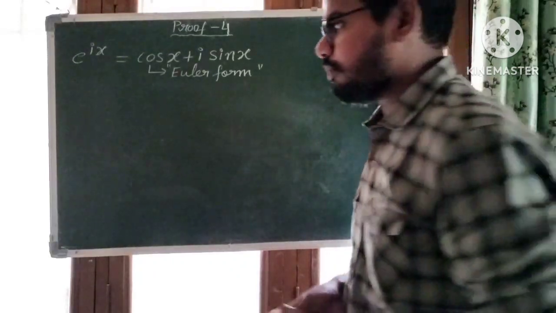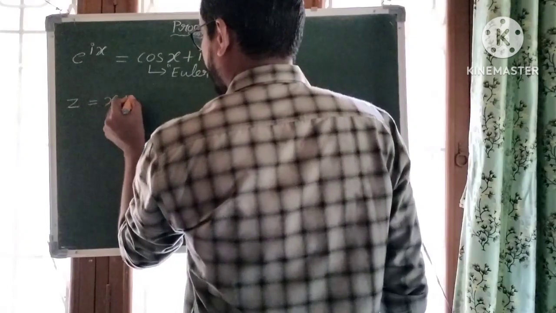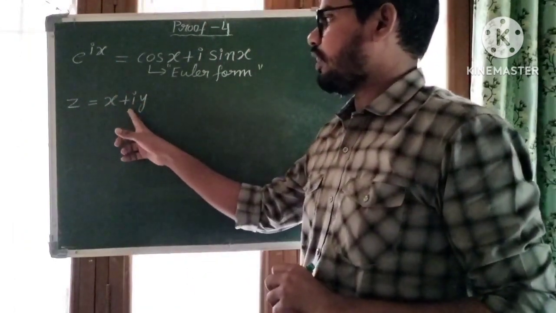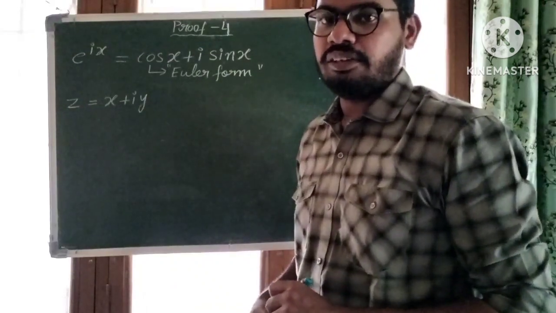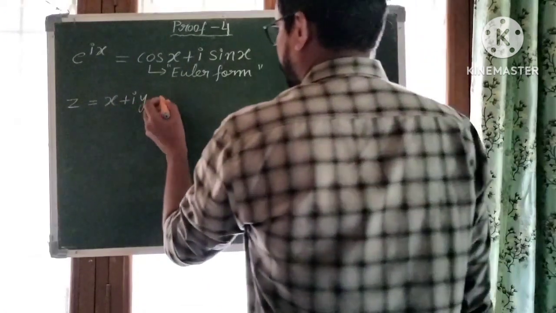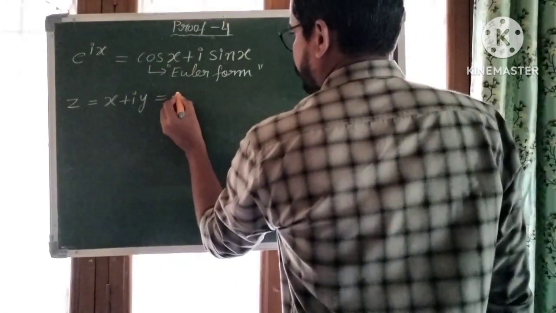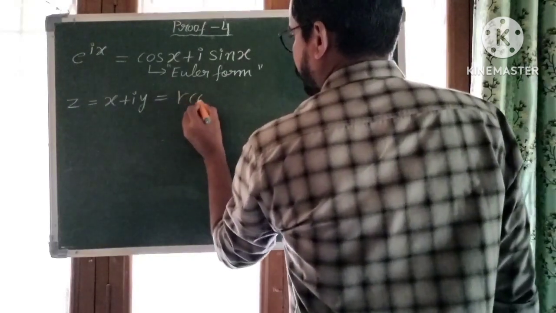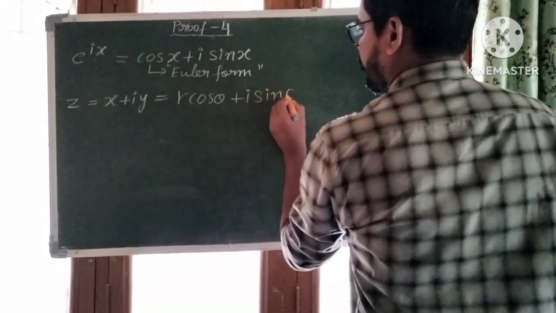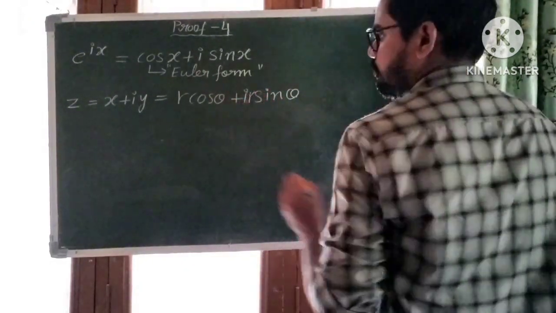In complex numbers, a complex number can be represented by z is equal to x plus iy. This form is known as Cartesian form. It can also be rewritten as r cos theta plus i r sin theta.